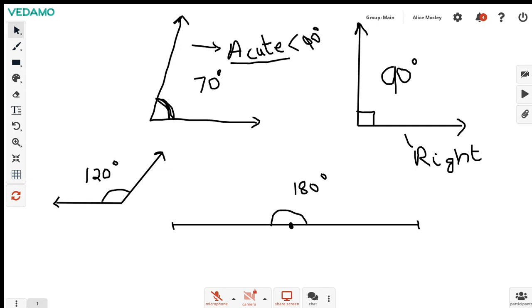Right angle is equal to 90 degrees. This angle, which is greater than 90 degrees, is known as obtuse, O-B-T-U-S-E angle. Obtuse angle is greater than 90 degrees. So these are three types of angle. Are we good? Yeah. Okay.